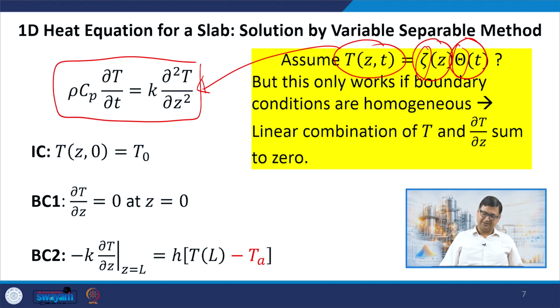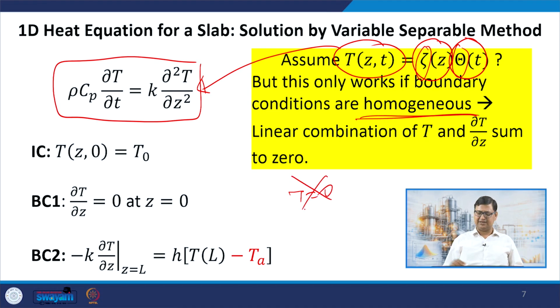It turns out that it is possible only if the boundary conditions that we have are homogeneous. What do we mean by homogeneous boundary condition? In this case, the temperature variable and its gradient, dou T by dou Z, some linear combination of that should sum to 0, right? For example, either T is equal to 0, which will make it homogeneous.